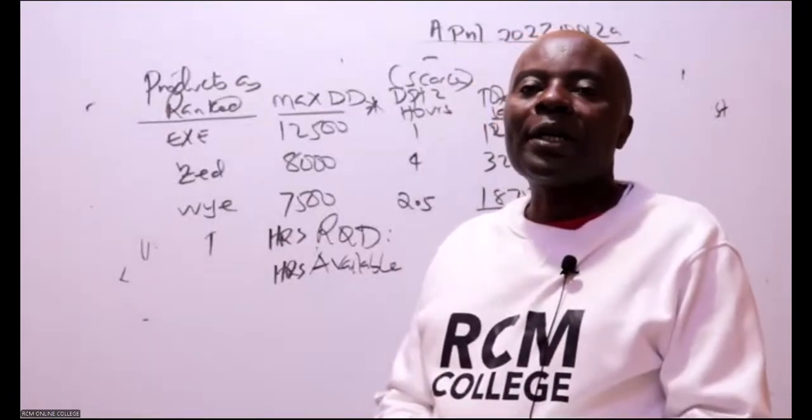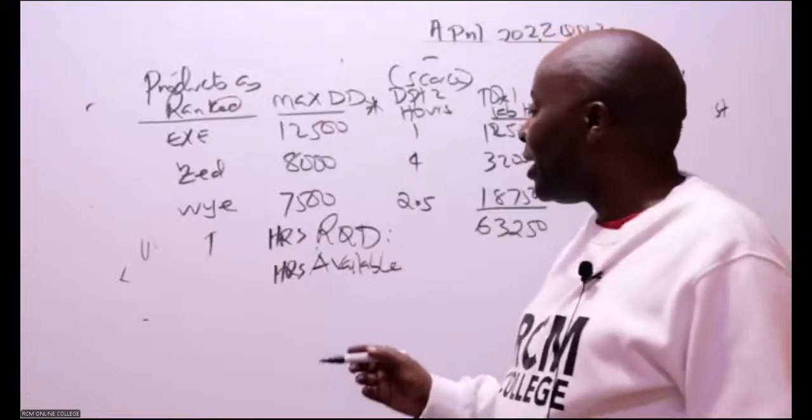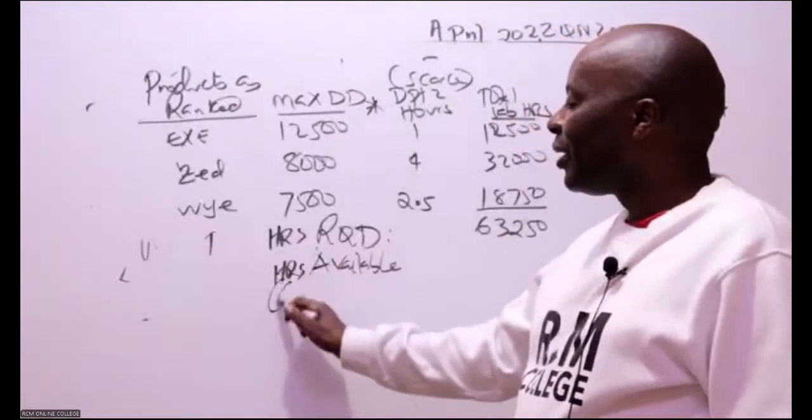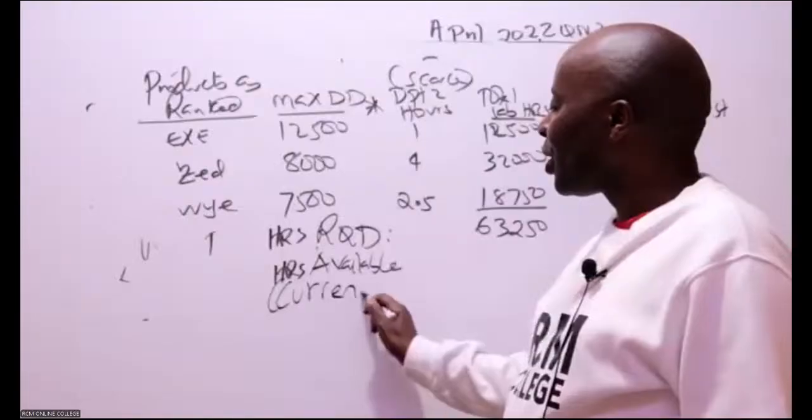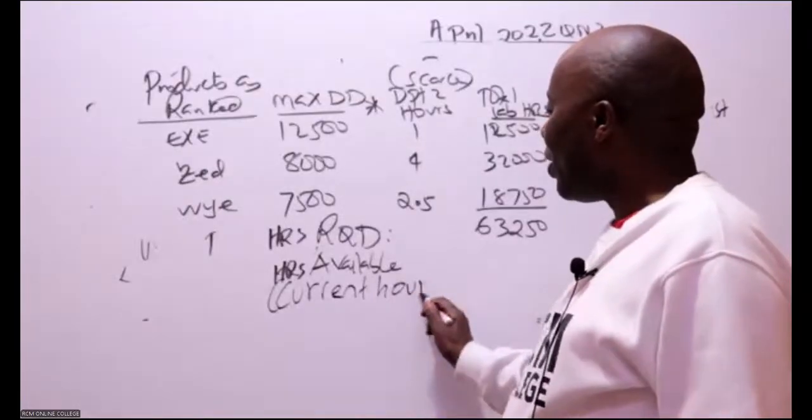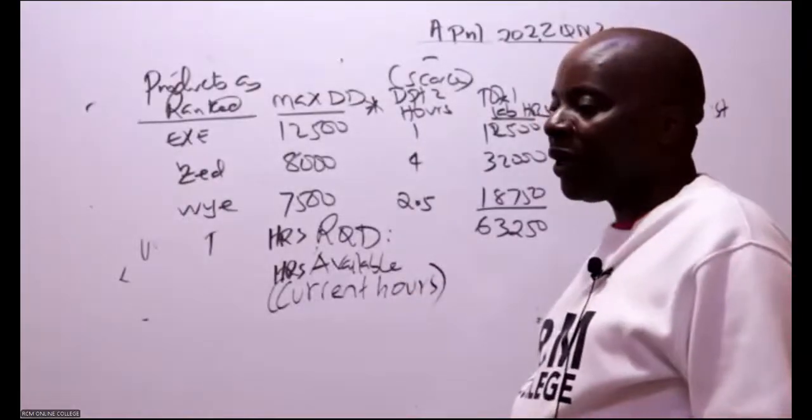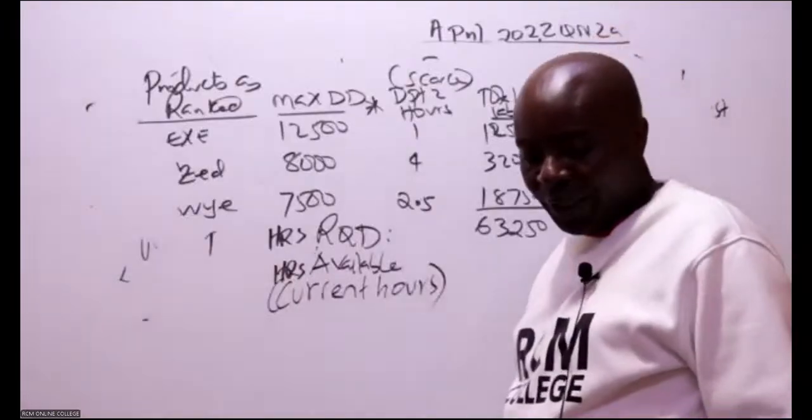You see, hours available are the same as the current hours. Whenever they are not given, you shall always compute the hours used, like last year, the current hours. So use current output.